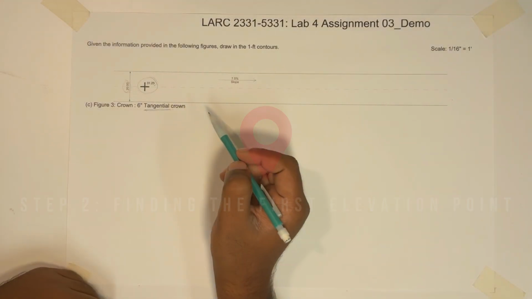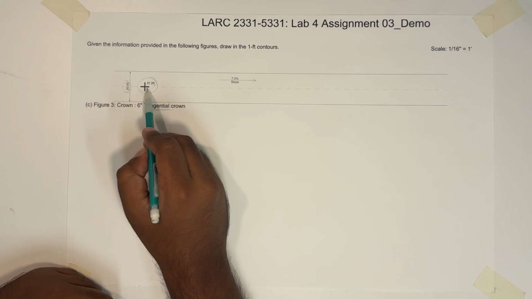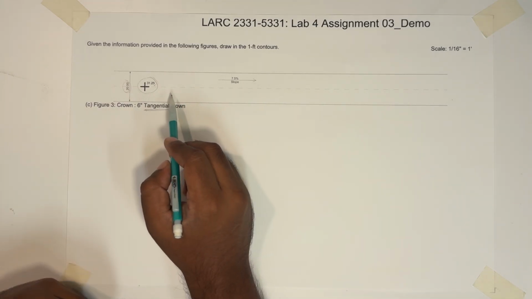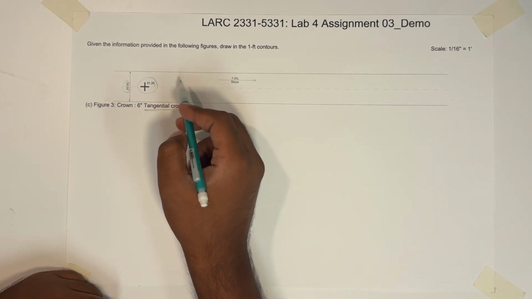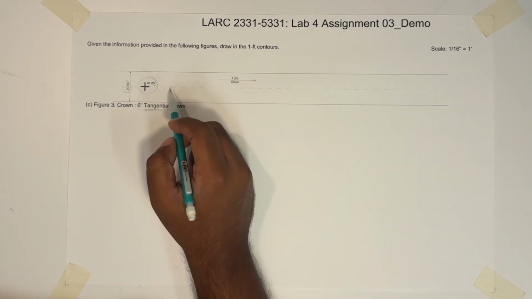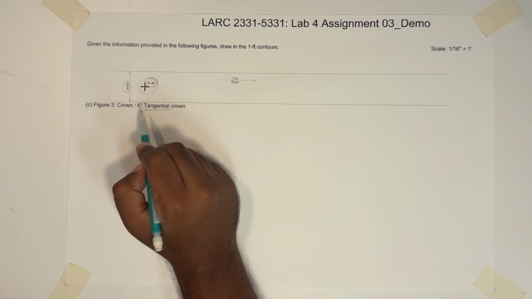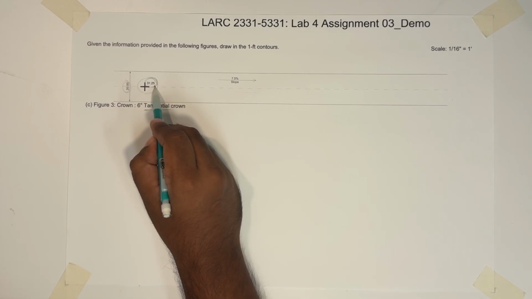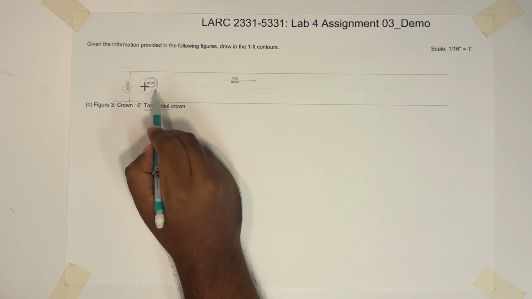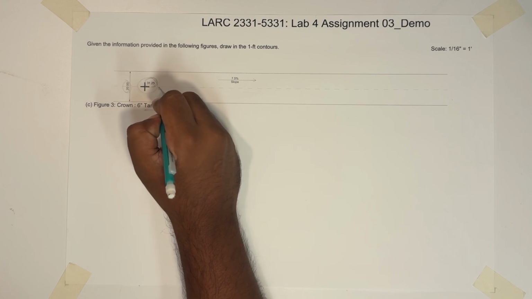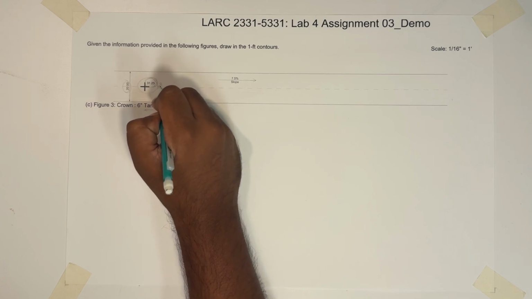So how do I find the first elevation? We can start from here and go down and find any elevation we like. But I usually do the first elevation that's closest to this value. So if this is 31.25 and going down, the very first elevation that we're going to have is 31, somewhere here.